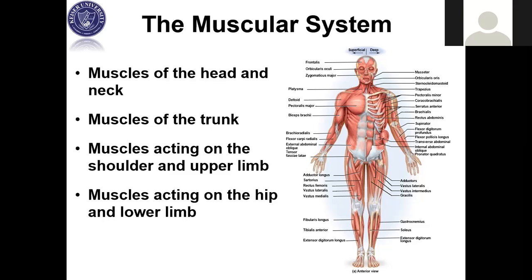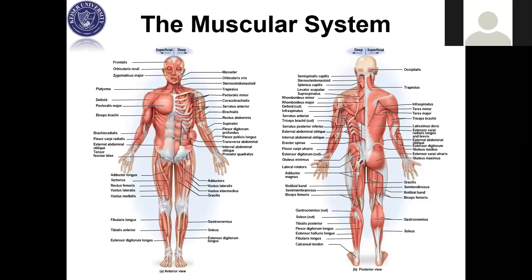So you've got, let's say, the back muscle like latissimus dorsi. Latissimus dorsi is on the back. If we look at the next screen, we have latissimus right in this area, this big muscle right here.